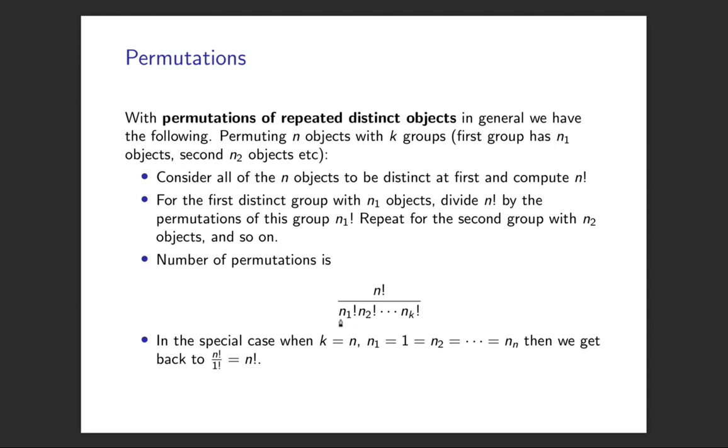And then we start dividing through by the number of groups, so P occurs 3 times, E occurs 2 times, so 2 factorial, and down to R occurs 1. So this is the general setup for it. And in the special case when all the objects occur only once, there's only 1 P, only 1 E, only 1 R, all of these are 1, and we get back to n factorial, which is our original permutation rule. So it's a generalization of the permutation rule.